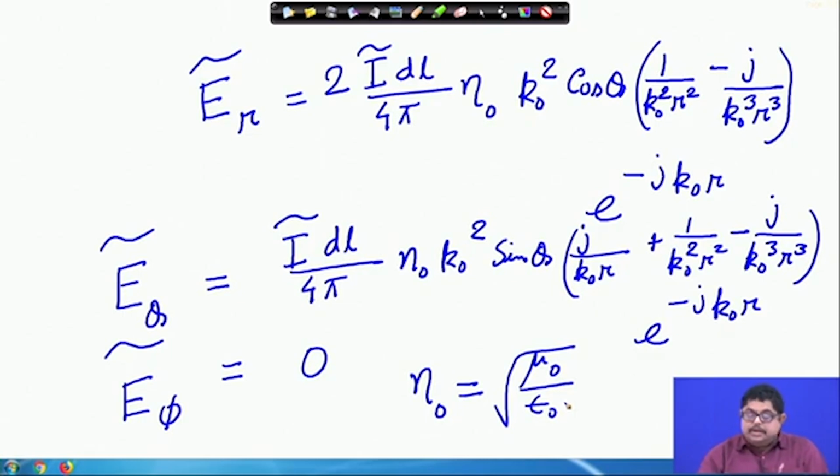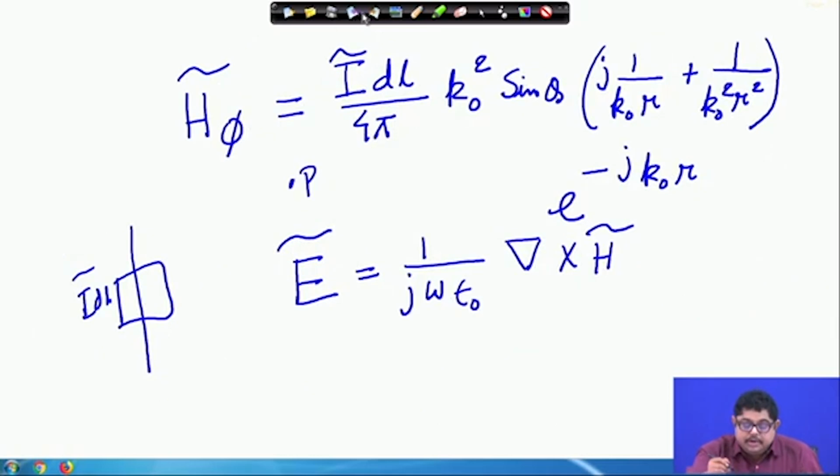Now, if we look at E r, E theta, and also the previous expression of H phi, you see the variation with distance.